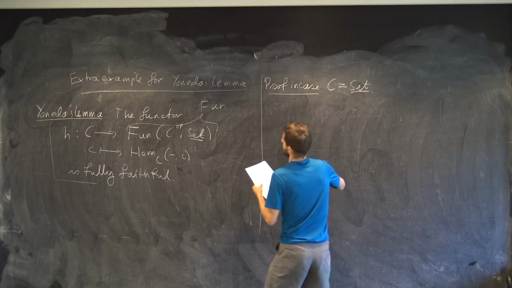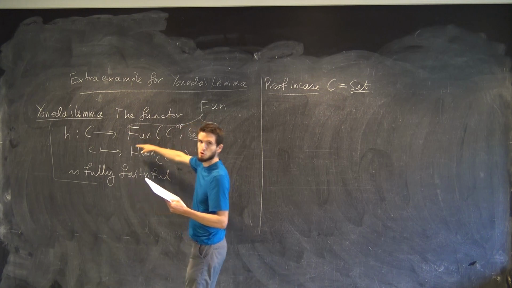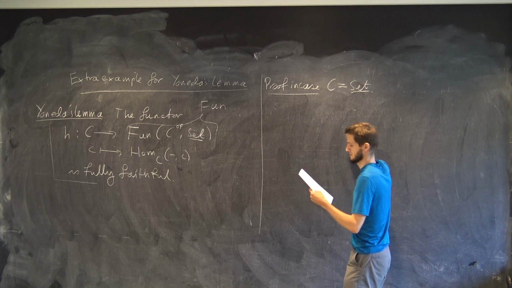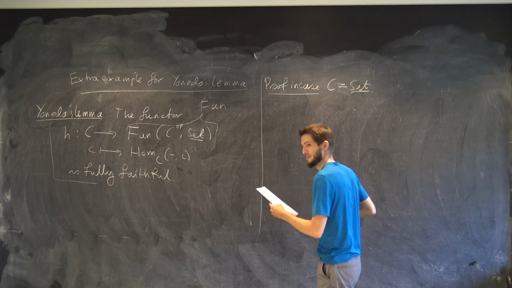Okay, so I haven't written down what this functor does on morphisms, which is actually all we care about for fully faithfulness, so I want to write it down more explicitly now. Hi, Bas.